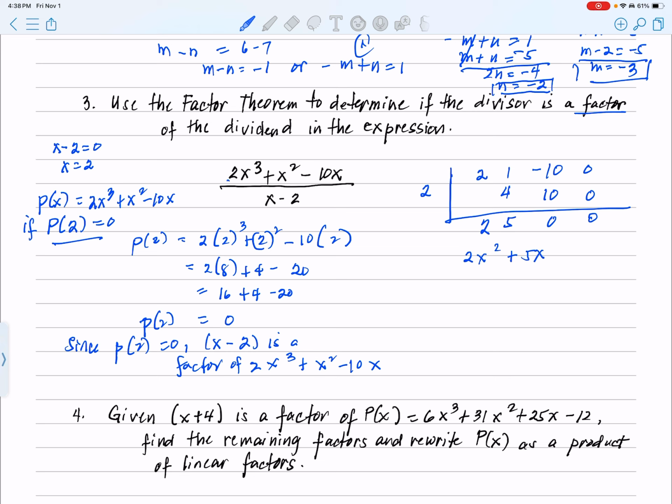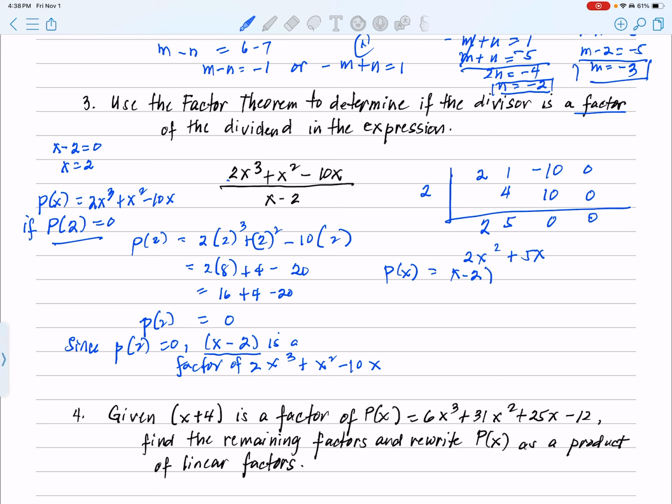So we can rewrite the factors of p of x. x minus 2 is one factor, because we said x minus 2 is a factor.